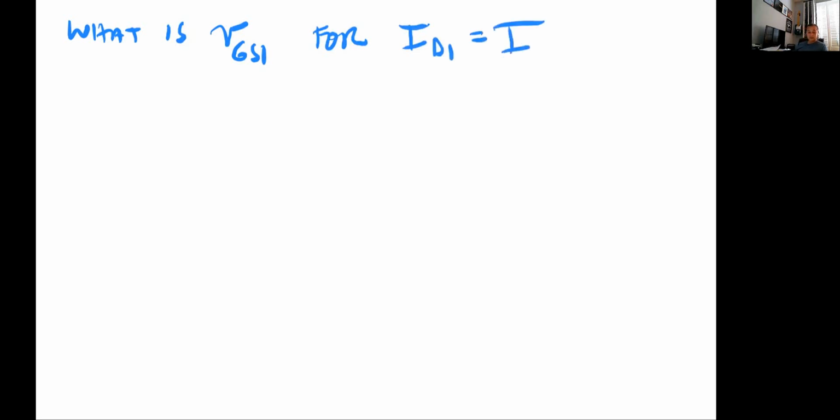So the question related to that figure or that case is, what is VGS1, where we're applying VGS1 for all the current to flow through transistor 1?